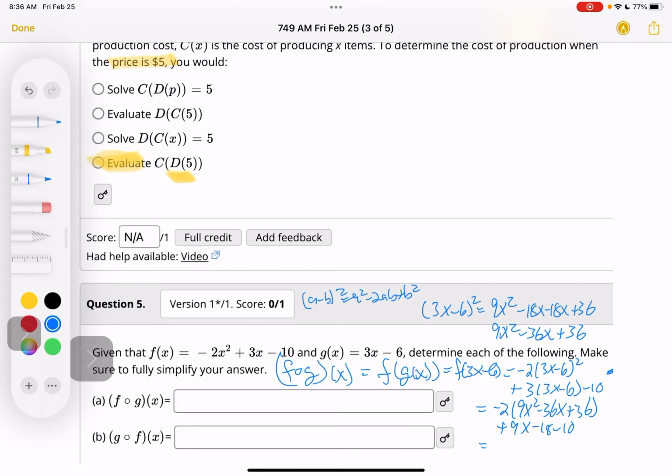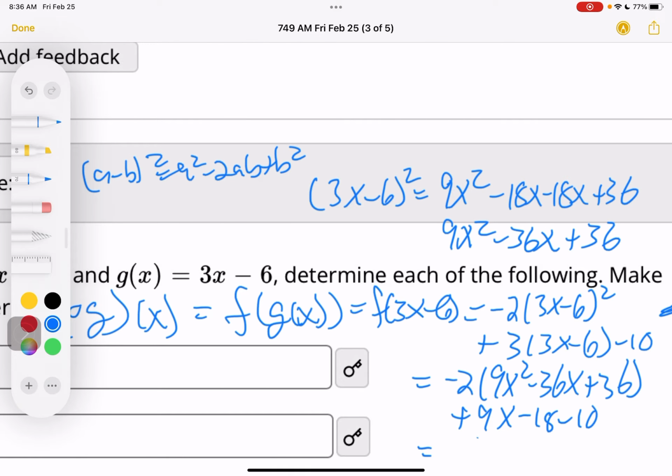We have negative 18x squared, plus 72x, negative 2 times negative 36, minus 72, plus 9x, and minus 18 minus 10 is minus 28.